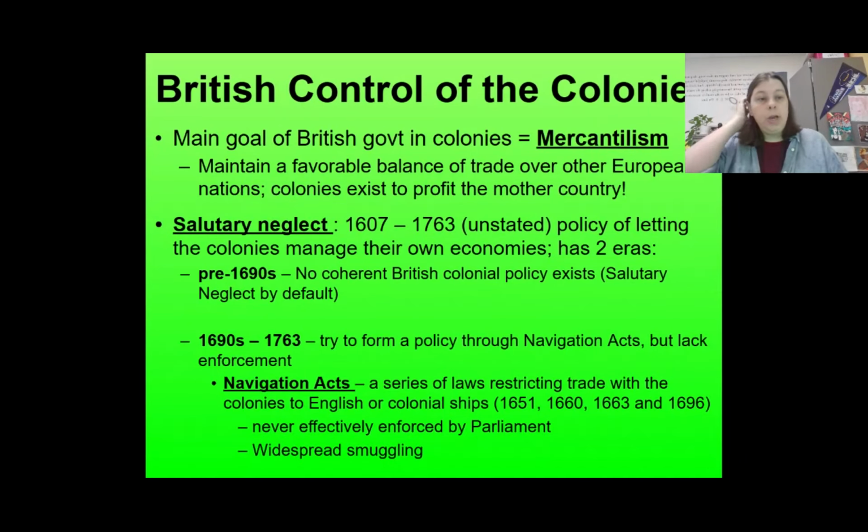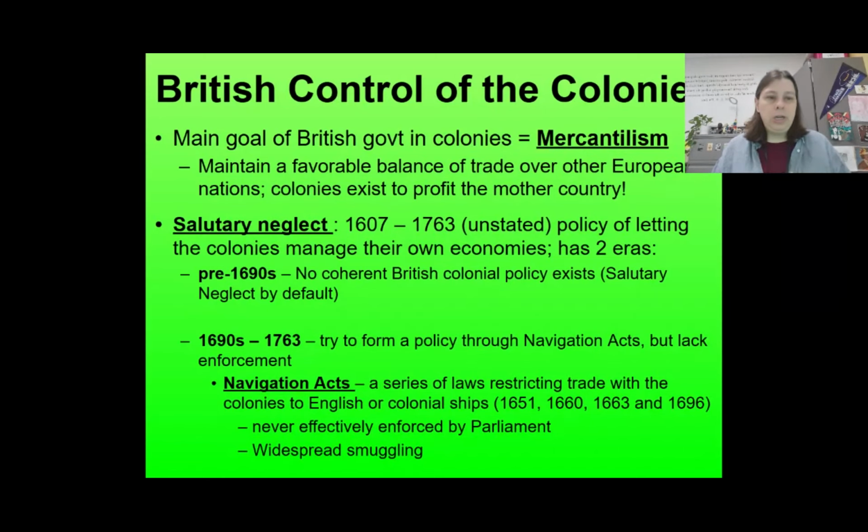This is an attitude that we call salutary neglect, right? Neglect that is good for you, or neglect as long as it is good, is maybe another way to interpret that. And for a big chunk of the early colonial period, this is unstated, right? It's not like the king sits down and says, I'm coming up with salutary neglect. It's just the way that the British colonies develop, that they're not exerting too much direct control.